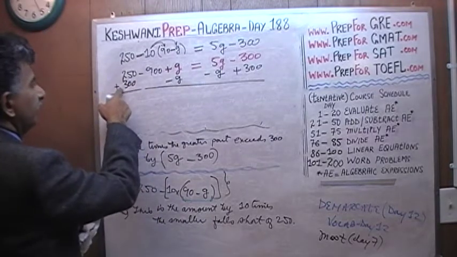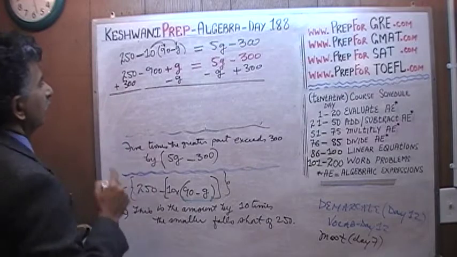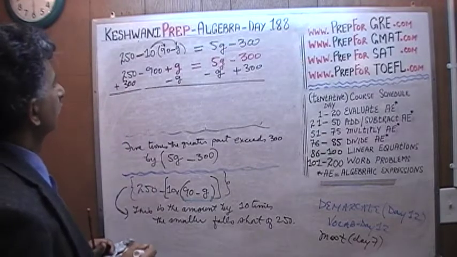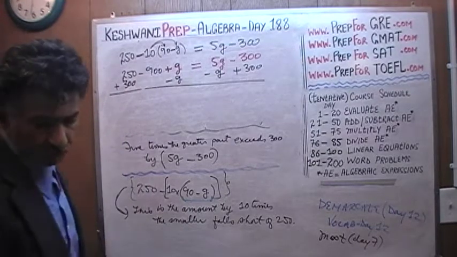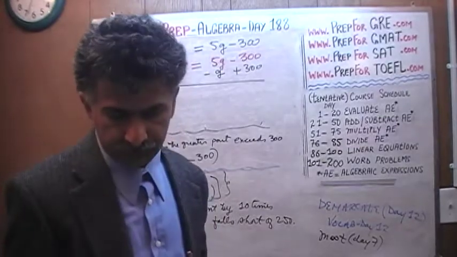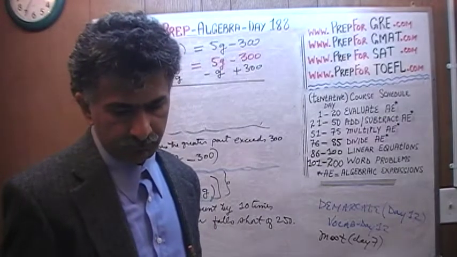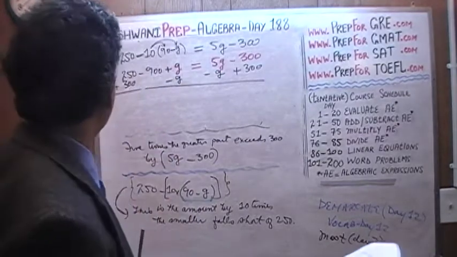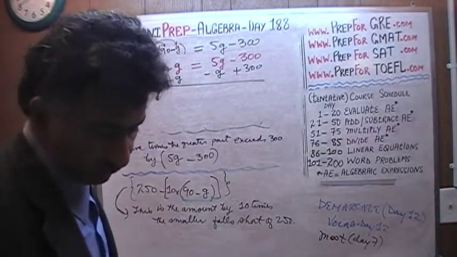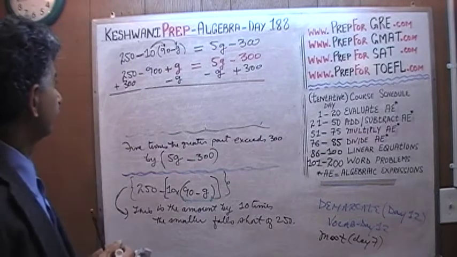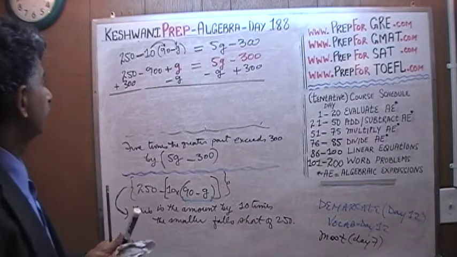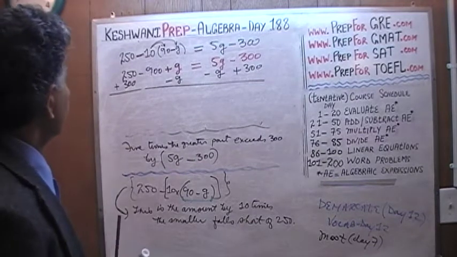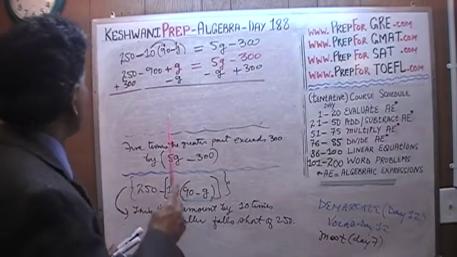So 250 plus 300, this is giving us a negative quantity. Did I make a boo-boo? I made a boo-boo. Can you catch it? Yes. It's a good thing that we are not going too fast. The boo-boo is right here.